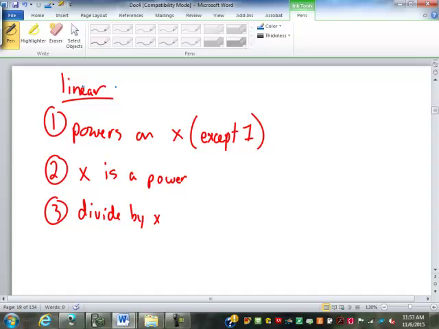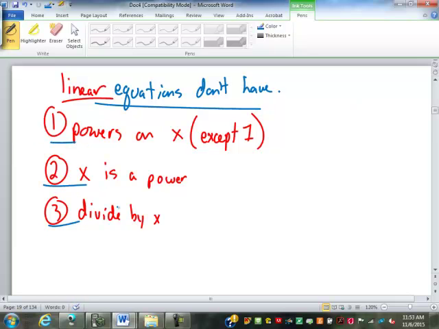So the list of 3 things here are 3 things that linear equations don't have. So if we're going to graph an equation, we can look at it very quickly. If it has any one of these 3 things, we know it will not form a line on our graph.